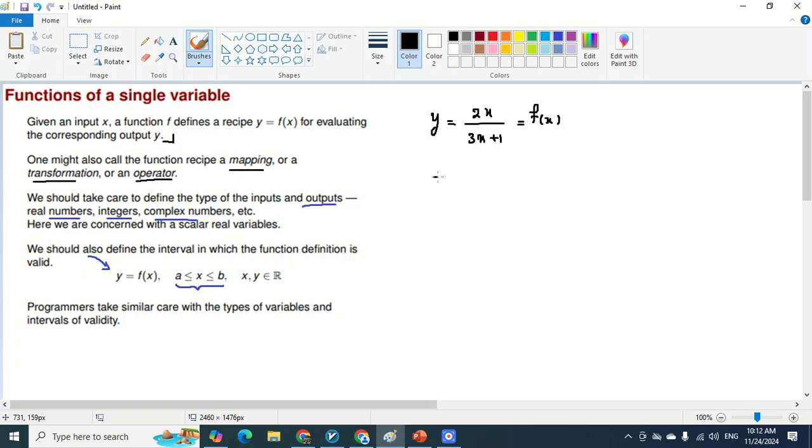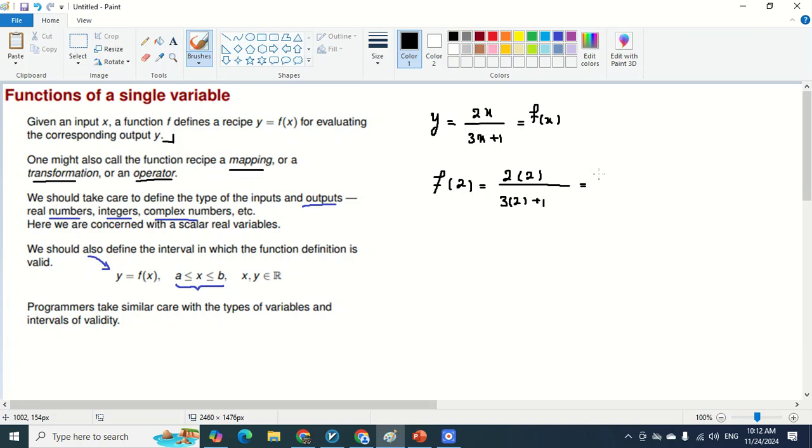For example, f at the point 2 can be calculated by replacing x with 2. So to calculate f of 2, I simply replace x by 2. So 2 times 2 is written in the numerator, and in the denominator we have 3 times 2 plus 1. So we can find the value of that function here.